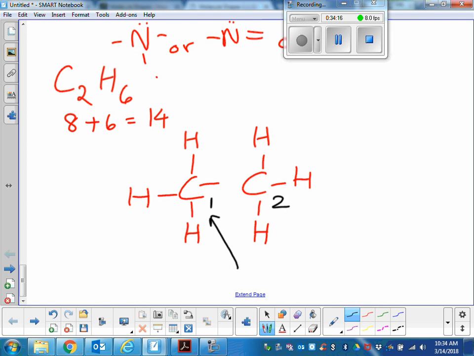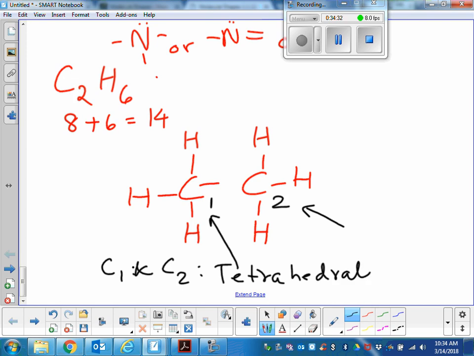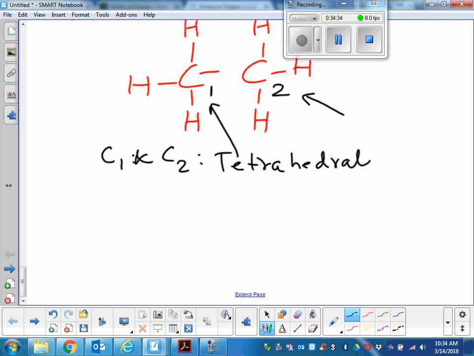The word is tetrahedral. C1. What about C2? Again, there are 4 bonds. So the shape around C1 and C2 will be tetrahedral. Are we good? Suppose I have an example, CH3OH.